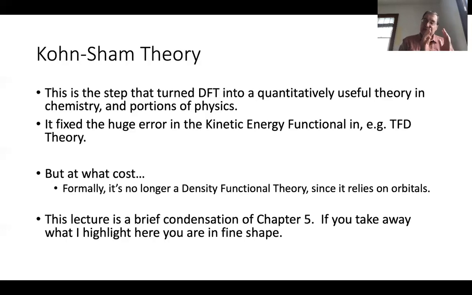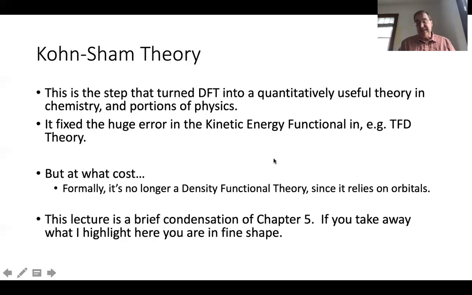So we go from that thing in chapter 3, where it didn't matter how big the system was, it only depended on rho and 3 coordinates. We're going to take a step backwards, and go now to Slater determinants as a fundamental building block of the theory, which means that for DNA, I've got to solve for tens of thousands of orbitals.